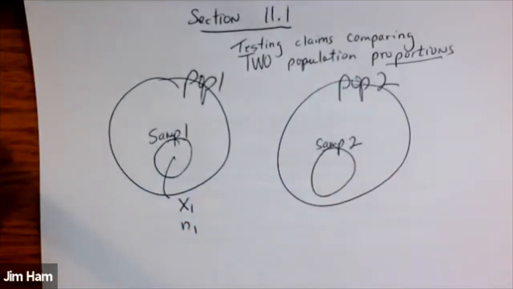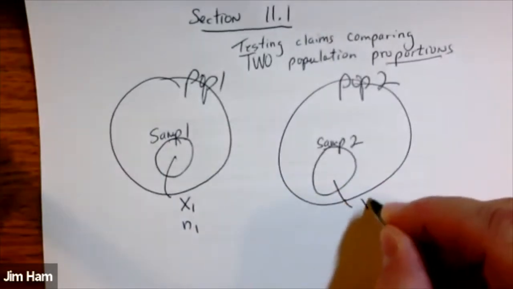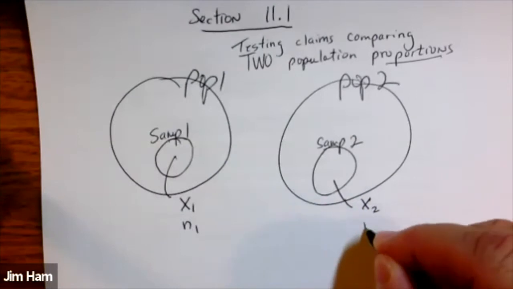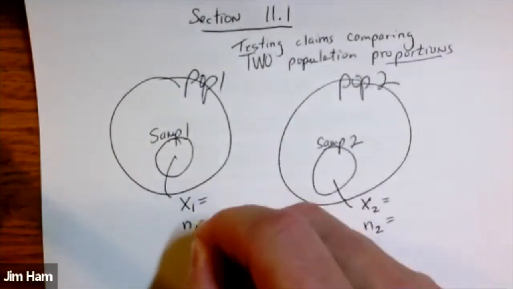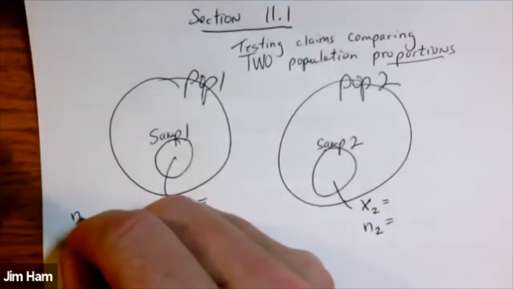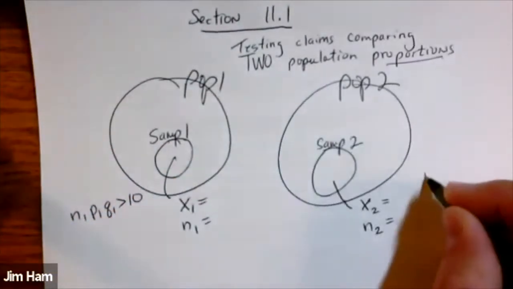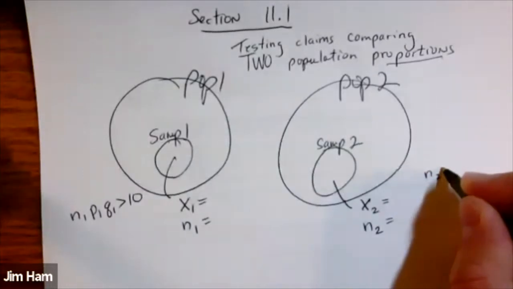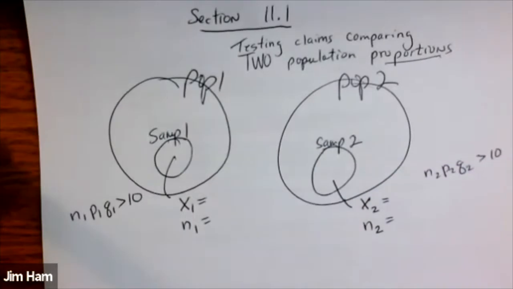We can't just say X and N because we're going to have two sets of X's and two sets of N's. And from this one, we're going to write down X2 and N2. These two sample sizes do not need to be the same, but if we're going to use a normal sampling distribution, then you have to have N1 P1 Q1 larger than 10, and N2 P2 Q2 larger than 10. So you need them both.